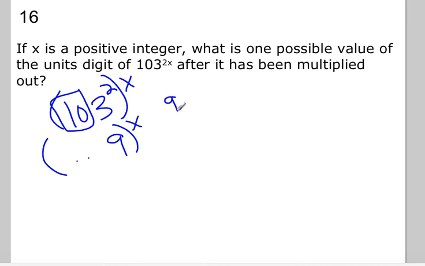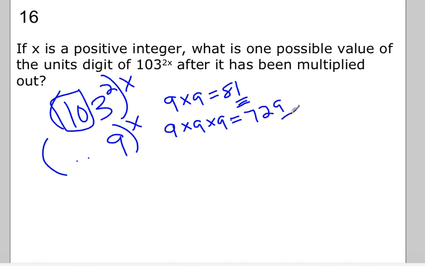So if you think about 9 times 9, right, that answer is 81. So the units digit is 1. Think about 9 times 9 times 9. I think that's 729. And the units digit is 9, right?